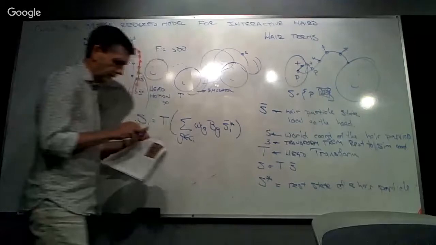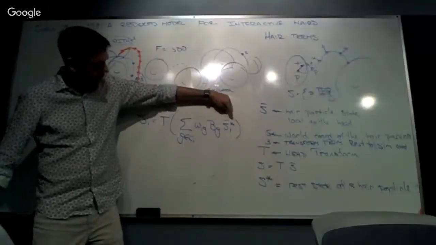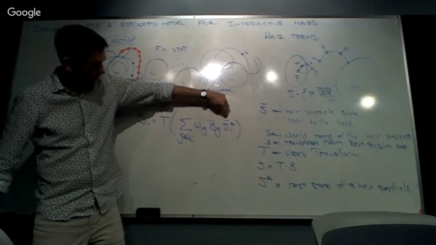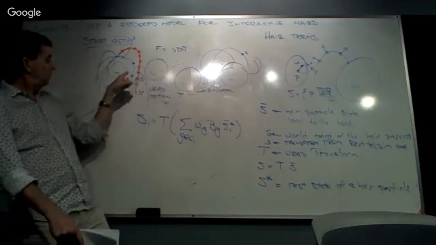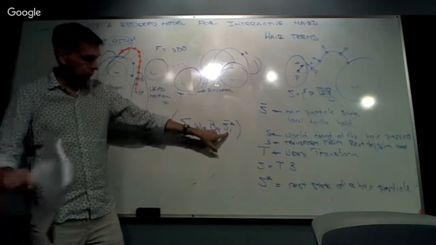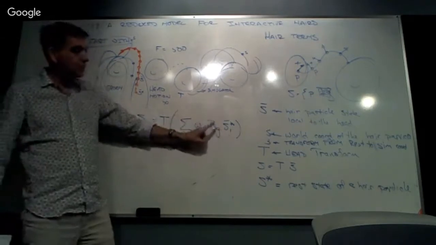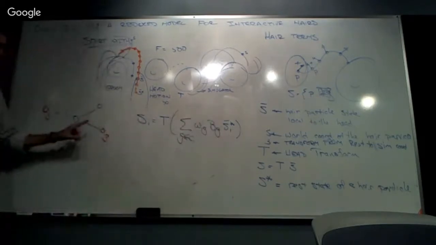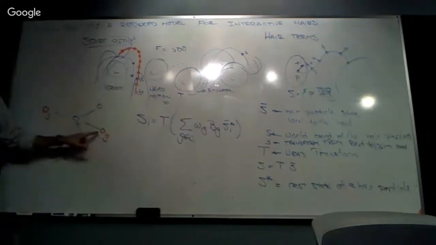Think about what this equation says. S sub I star with a bar over it means that it's at the rest state of the hair, this hair particle, one particle like that guy right there. State of the group. B sub G is how each one of the guide particles is moving.